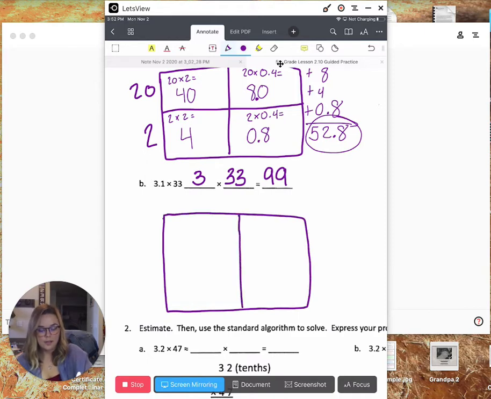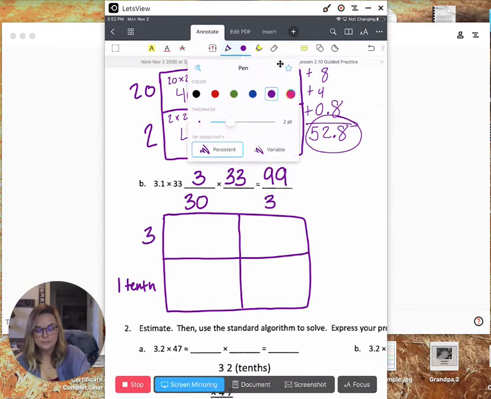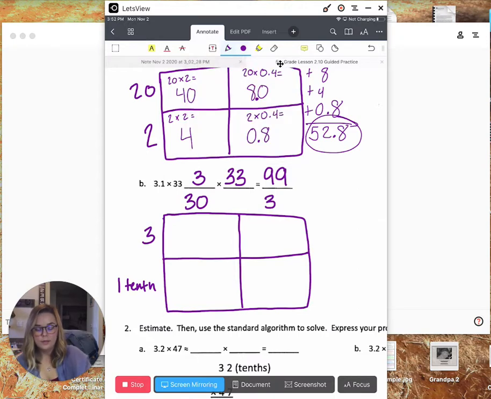So I'm going to set up my area model. And I have 3, and I'm going to write out 1/10 this time. And across the top I have 30 and 3. And then we can multiply. 3 times 30, which equals 90. 3 times 3, which equals 9.